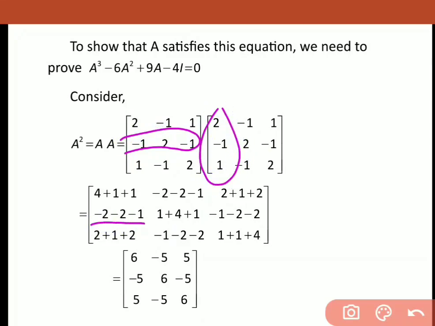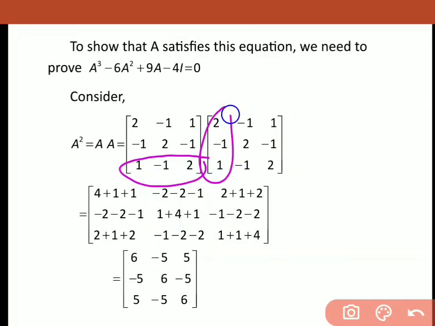I have explained in the last session how to multiply these two matrices. Then second row into second column gives this element. Second row into third column gives this element. Similarly, third row into first column, you can verify this one, I will verify.